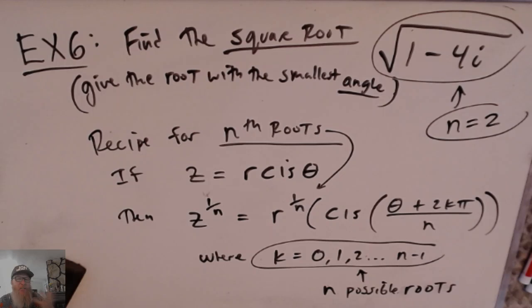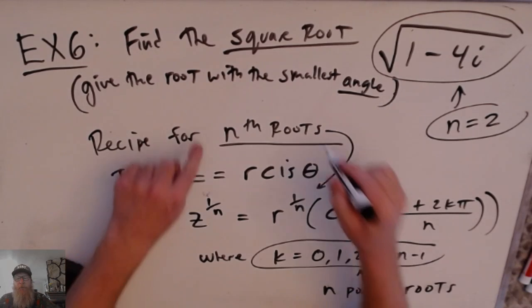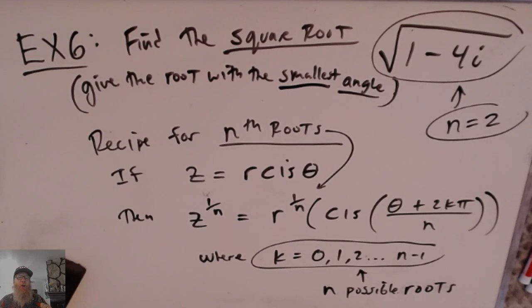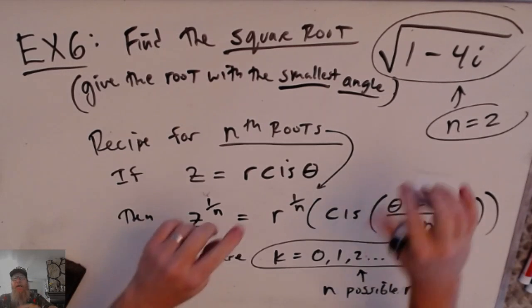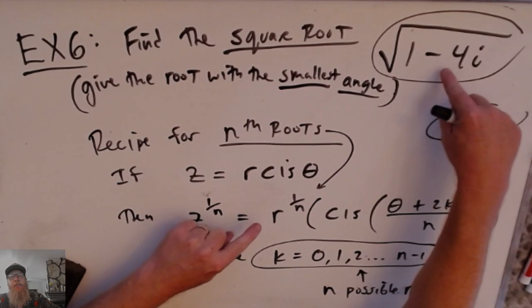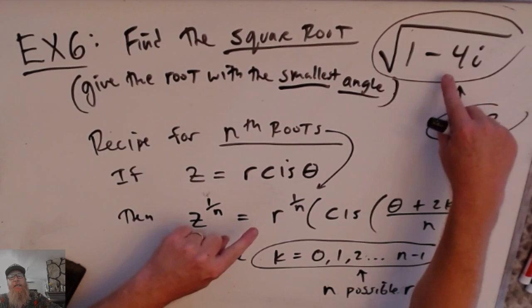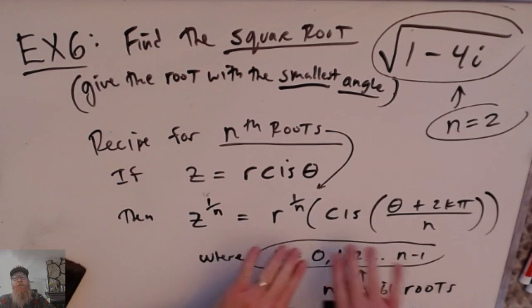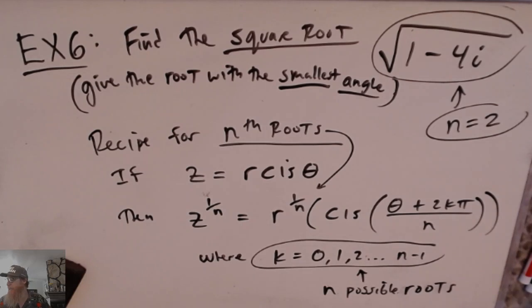So we're actually going to get 2 answers, and I want to give the one that has the smallest angle. Once we have this complex number written in this cis form, then applying this formula is going to be a lot easier. So let's do that first.